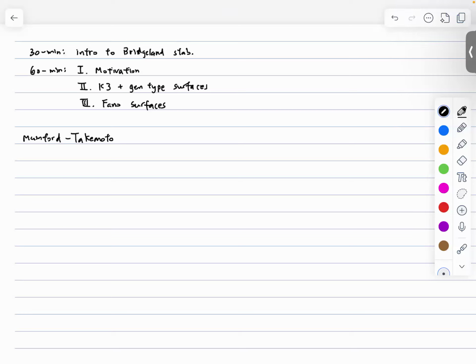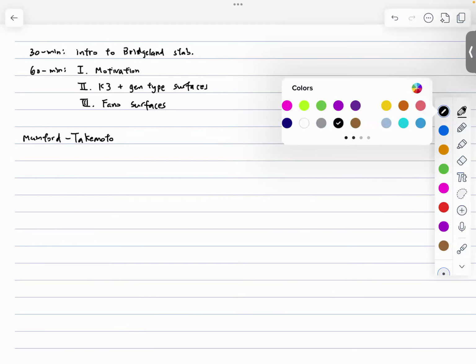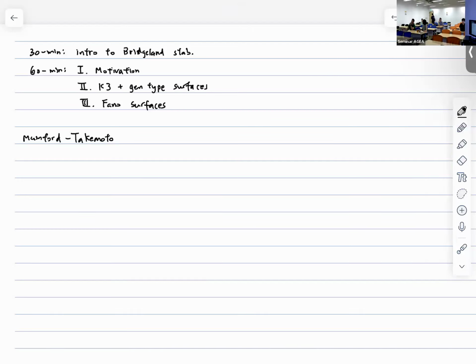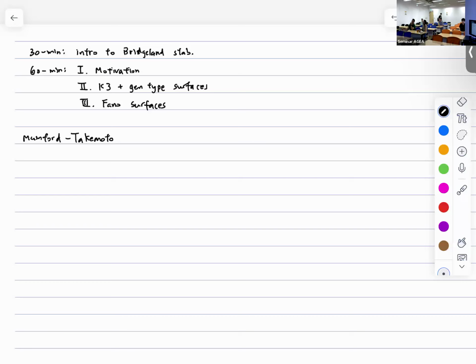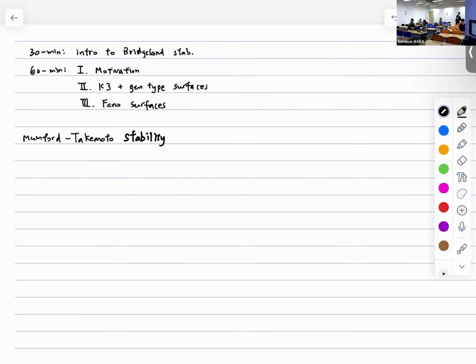Some people are sitting farther away. I actually forgot how to change the size of the line. Where is it? Oh, here, I think. Maybe bigger like that. Is it better like this? Yeah, I think it's better.